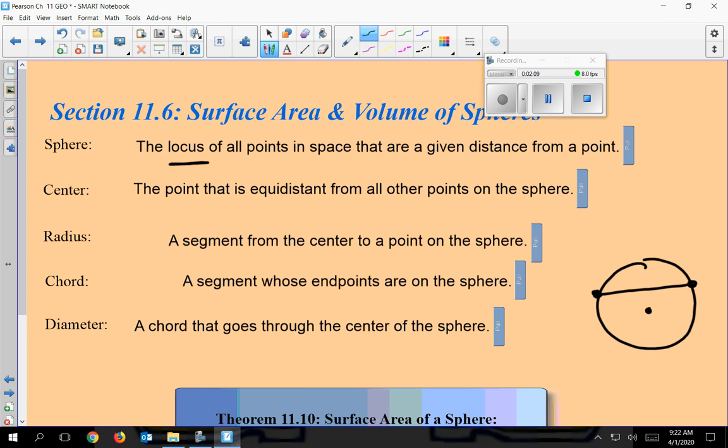It's got more rules. It's going to connect points on a circle similar to a chord, but it has to go through the center. It creates a diameter. Okay, so a diameter is a special chord, kind of like the hypotenuse is a special side in a right triangle. So it's just a different name for something. Okay, so those are the definitions we need to have.